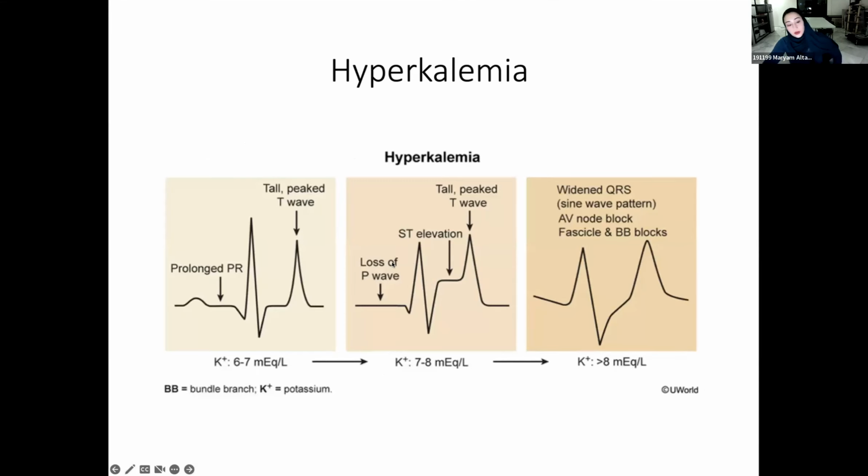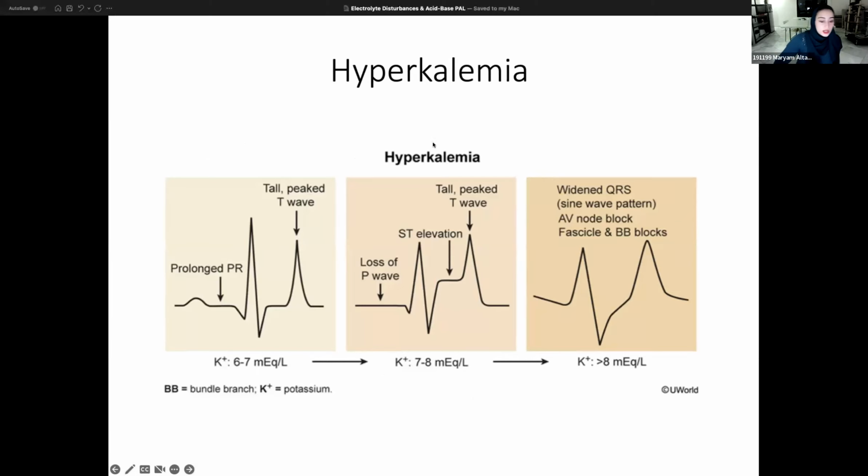And now, what they love to ask about is the ECG changes in hyperkalemia. So both hyper and hypokalemia can affect the ECG. In hyperkalemia, what you get is first of all, depends on the level. So remember how we said greater than 5.2 is hyperkalemia. Generally, once you reach 6 to 7, what you start having is a prolonged PR interval.